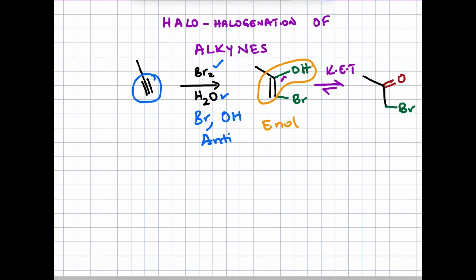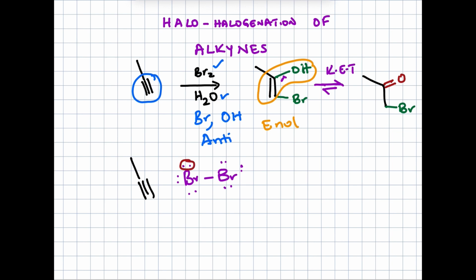Now, if we look at the mechanism, you're starting with a triple bond, the alkyne triple bond, and that is reacting with the bromine. Now, remember, bromine has 6 lone electrons, which is 3 electron pairs, and one of those will act as a nucleophile.